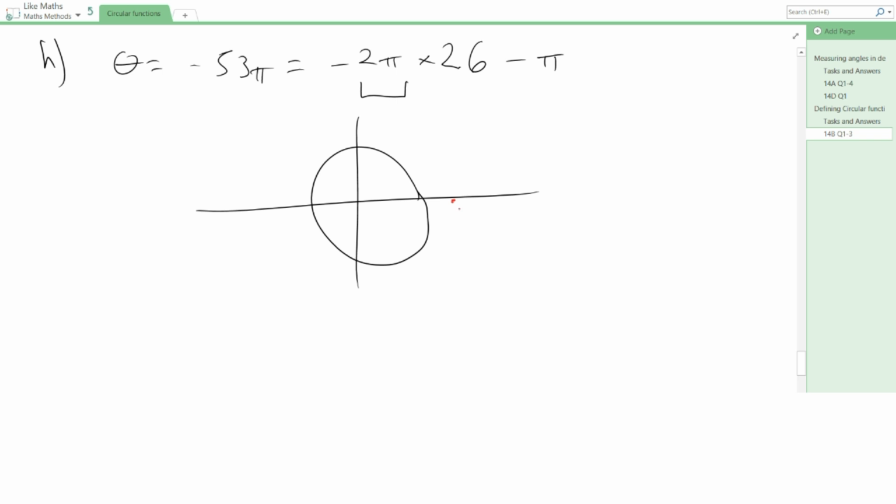Starting here, it's negative, so we're going clockwise. We go around 26 times, ending up back where we started, and then a further minus pi rotation, in the clockwise direction, pi being half a rotation, 2 pi being a full rotation, brings us over to here, where y equals 0, x equals minus 1, y is given by sine of theta, x is given by cos of theta. Check that, yep, good.